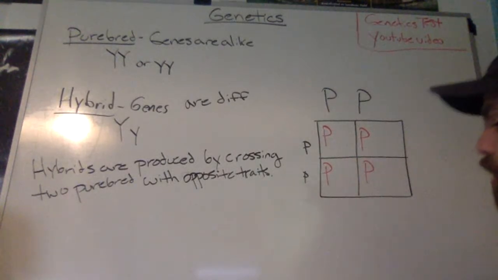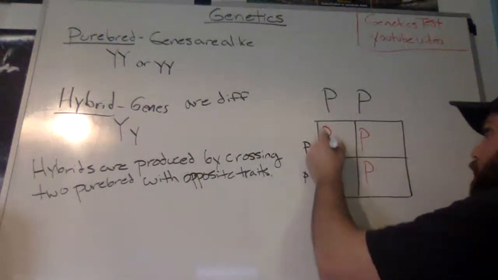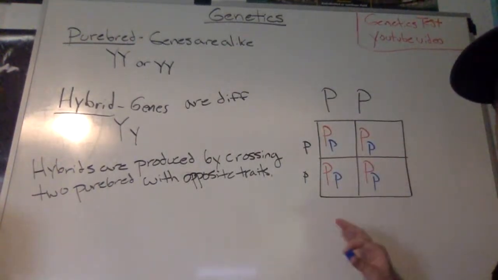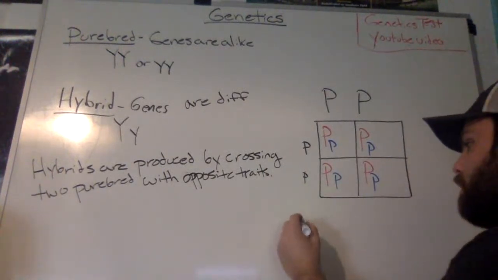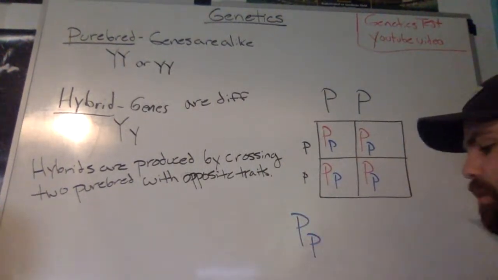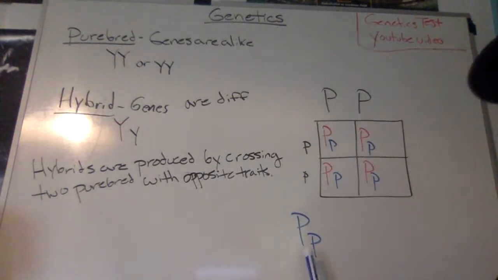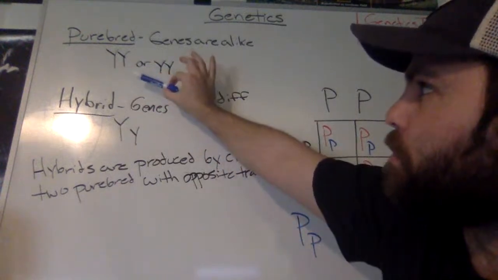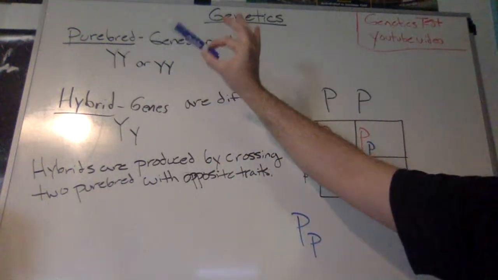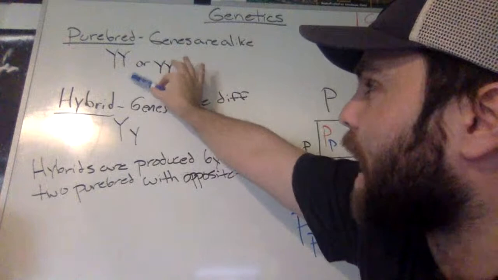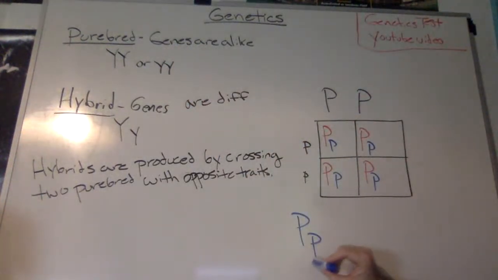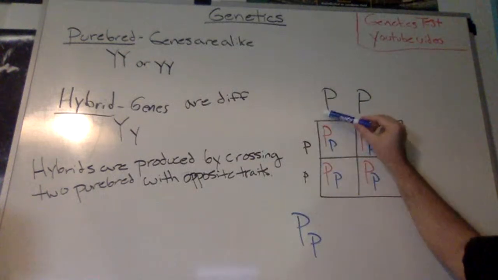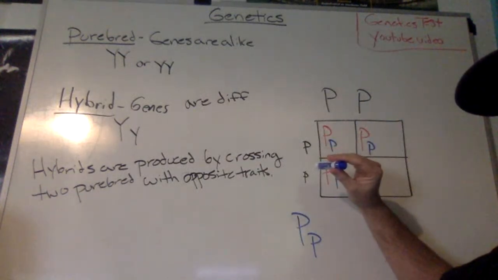And now I'm going to bring across my lowercase. My result for all four of these is big P, lowercase p, all right? So those are no longer purebred, okay? Because remember, you have to have two letters that are the same, and they got to be either capital or lowercase. So purebred no longer gets resulted when you cross two purebreds that have different traits, okay?